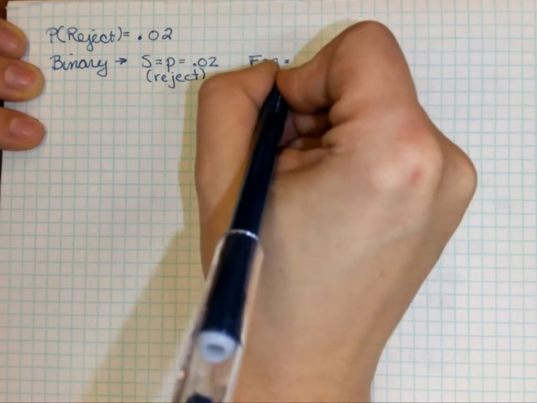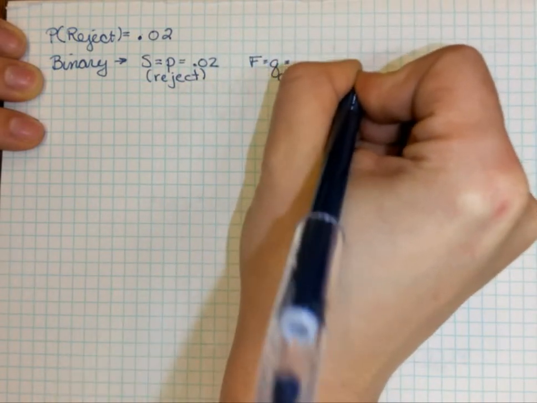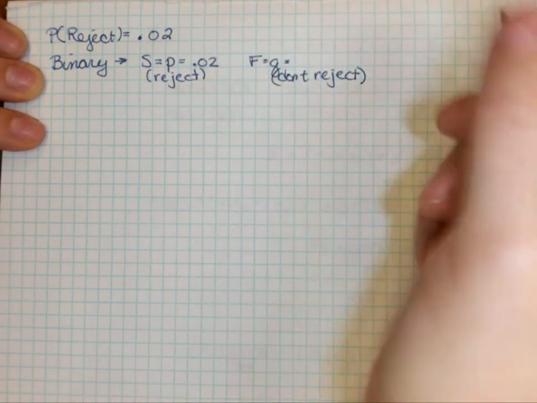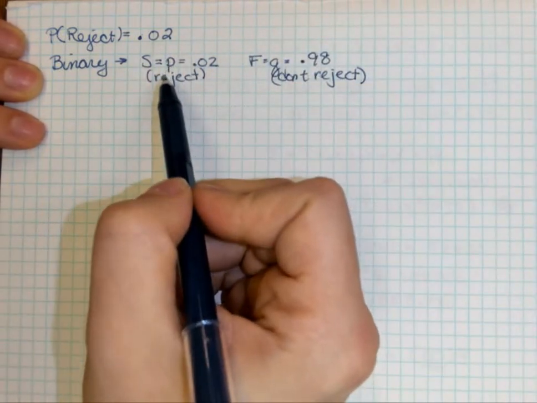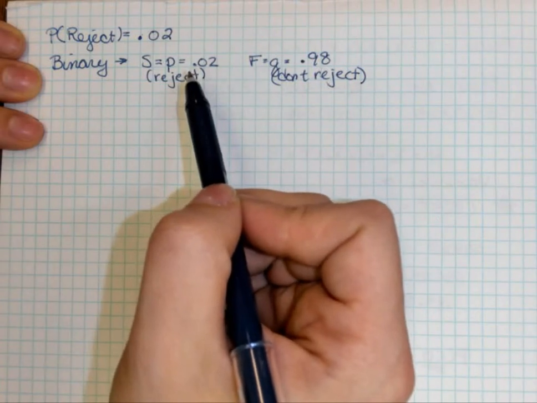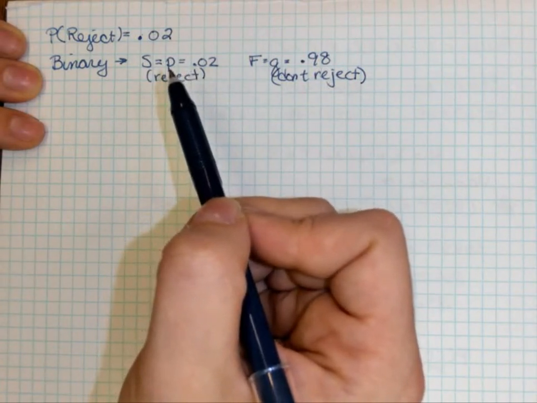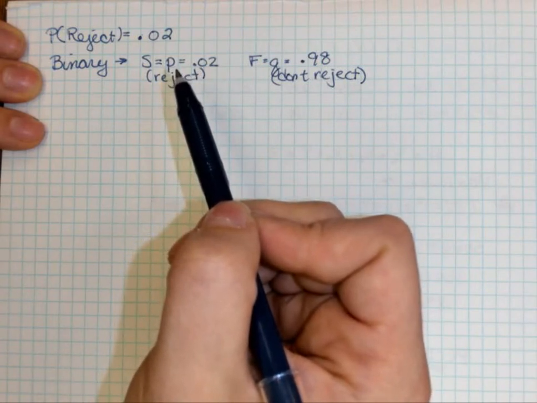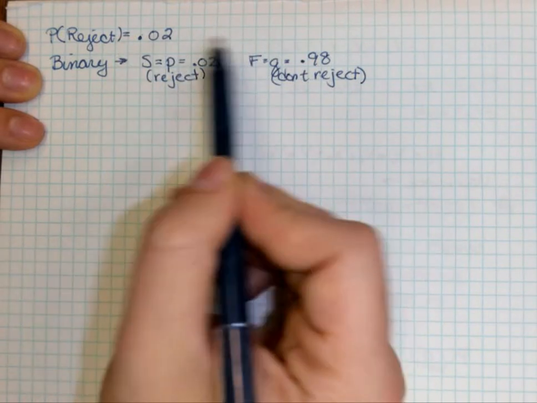Don't reject. I failed to reject. And what's the probability that I don't reject? 0.98. And it's very important that you start and talk about what the P and the Q are, because it gets really confusing when the condition I'm looking for is to reject. To reject is a success in this case. So it's important to write these out.